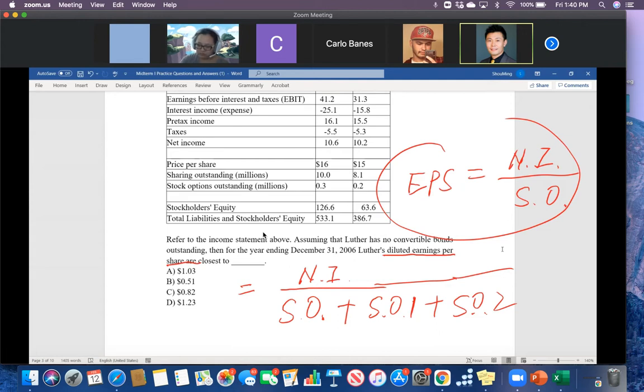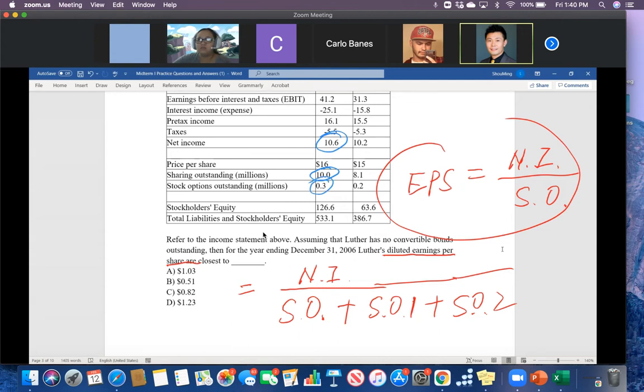We can find for this company, the net income is directly given. Actually, all of them are directly given. The net income is 10.6 million, right? And we also know the shares outstanding is 10 million, right? And the shares outstanding from stock options is 0.3, right?